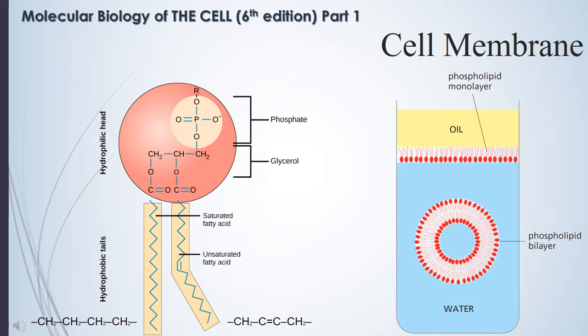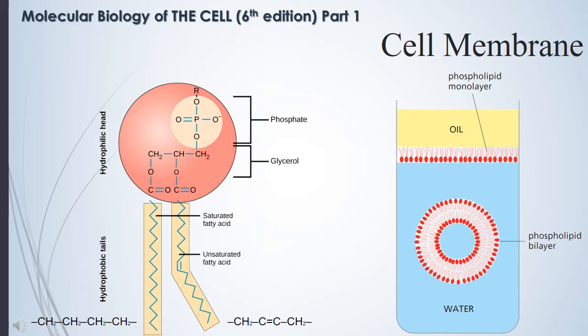In this particular case, in the image on the right, we have a layer of oil, we have the hydrophobic tails pointing towards oil, and we have a hydrophilic head pointing towards water.